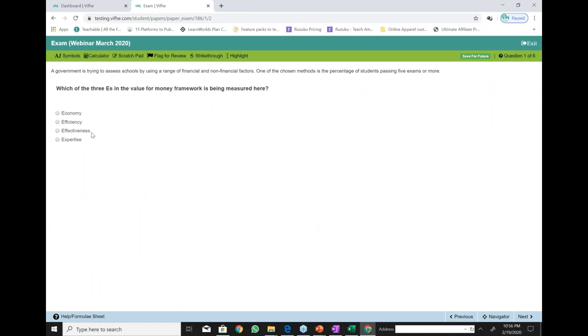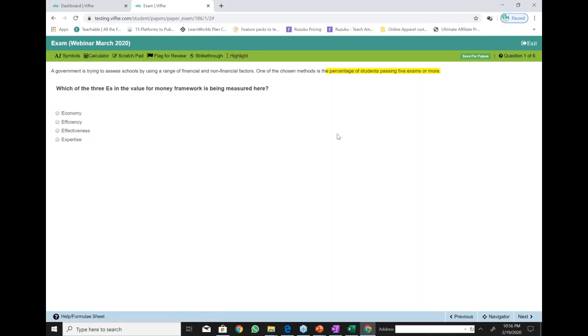Now let's quickly solve. Come on guys, give your answers. A government is trying to assess schools by using a range of financial and non-financial factors. One of the chosen methods is the percentage of students passing 5 exams or more.